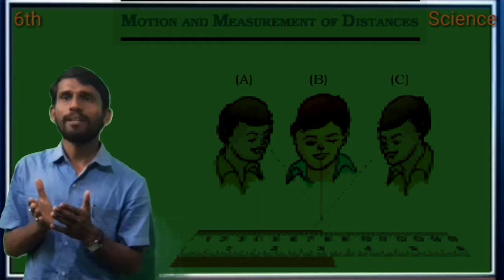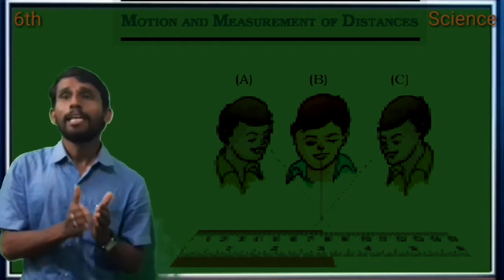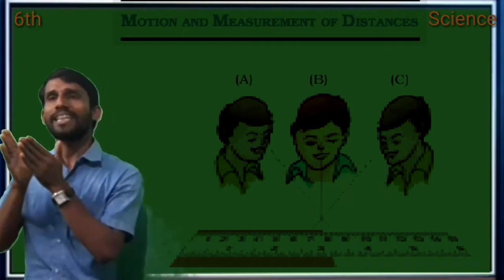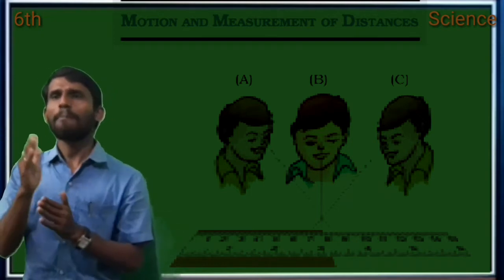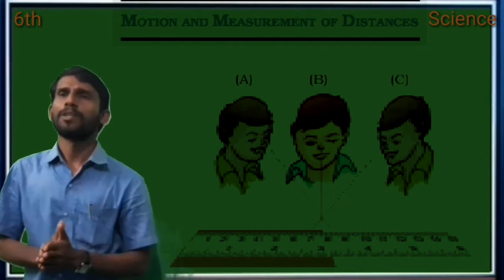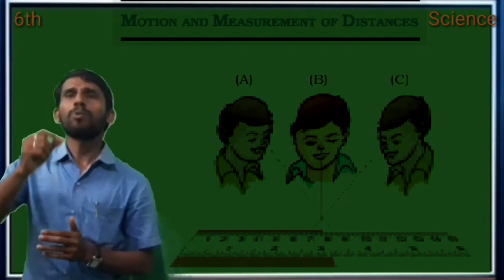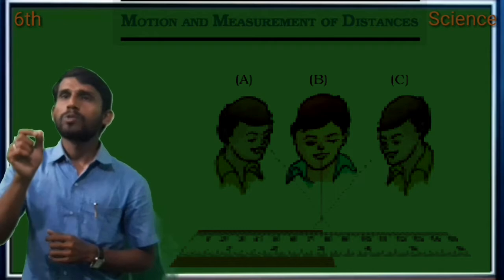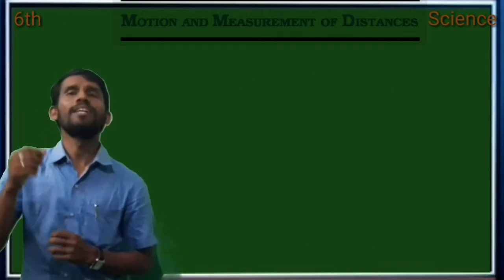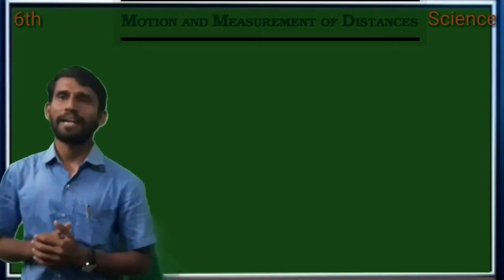If you stand at position A, you get another measurement. If you stand at position C, you get another measurement. Here we are not getting a correct measurement. So when you take any measurement, you should stand at the exact position. Then only will you get a correct measurement.